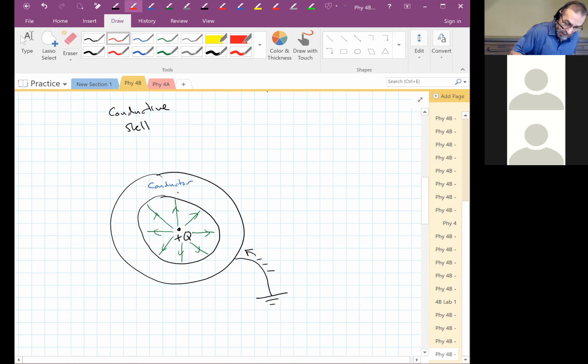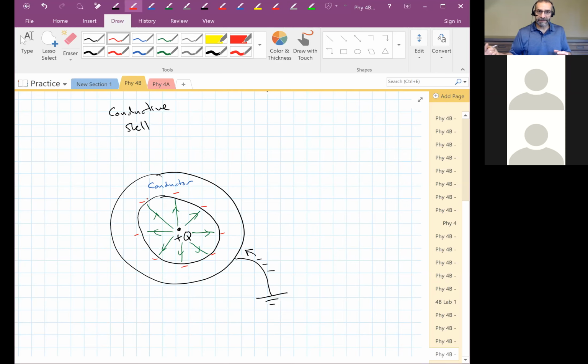We're going to end up with our negative charges all around the innermost surface. But the outermost surface is going to be neutral because these electrons didn't come from the outermost surface, they came from ground. So now our conductor is not electrically neutral anymore. It has a net negative charge on it.